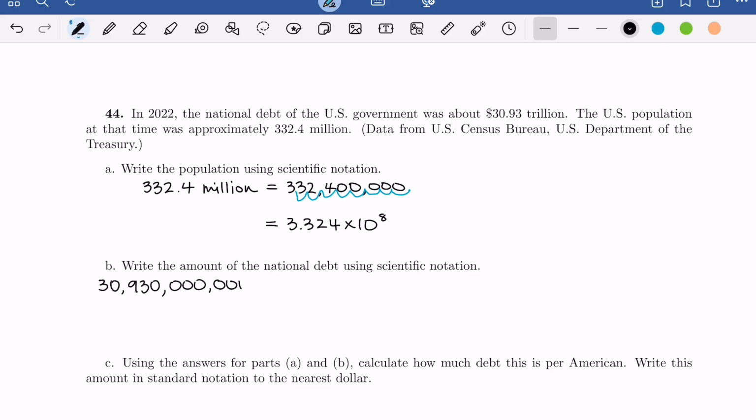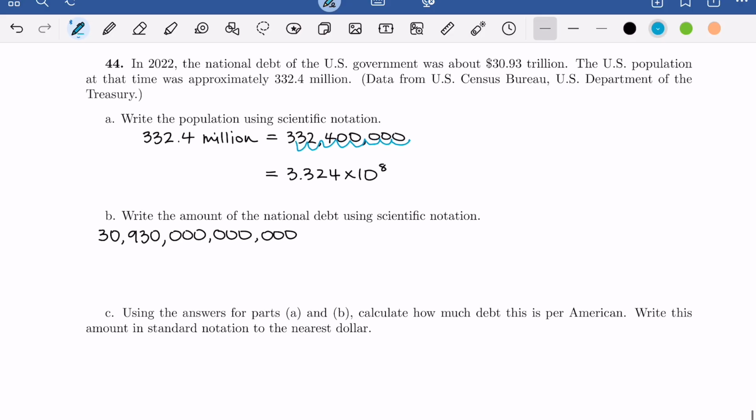And then we just got a bunch of zeros here. Let's see. So this is 30.93 trillion, and we want to write this in scientific notation. So we're going to take this decimal value and move it over 1, 2, 3, 4, 5, 6, 7, 8, 9, 10, 11, 12, 13 times.